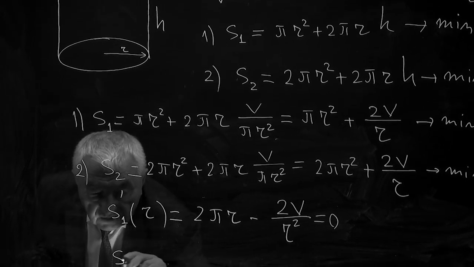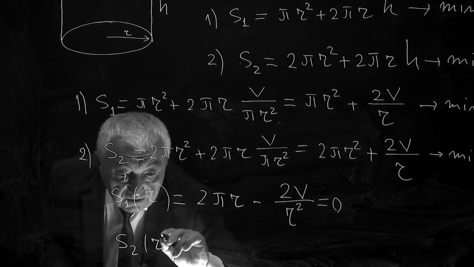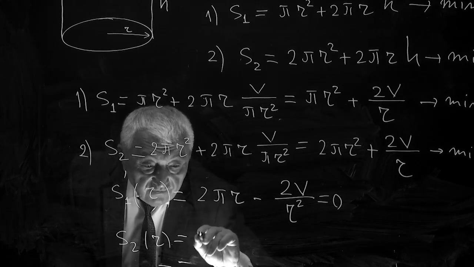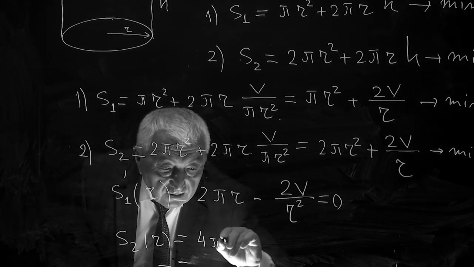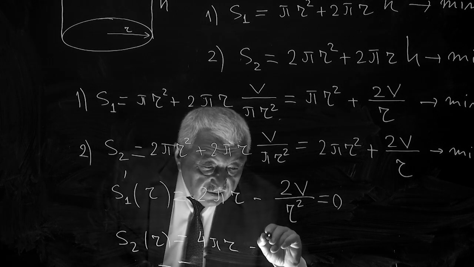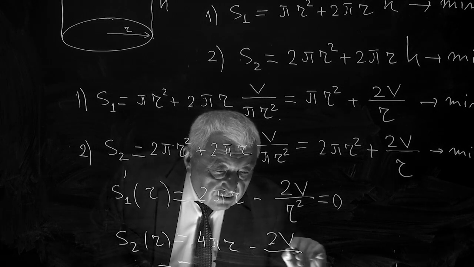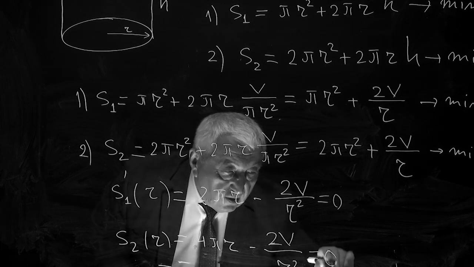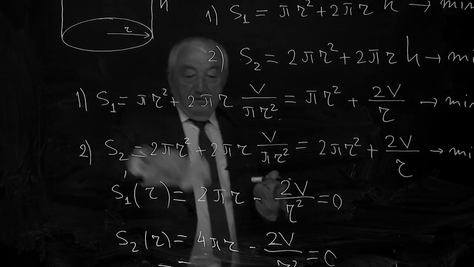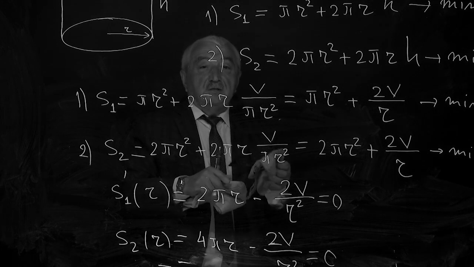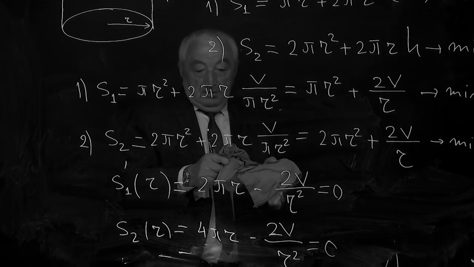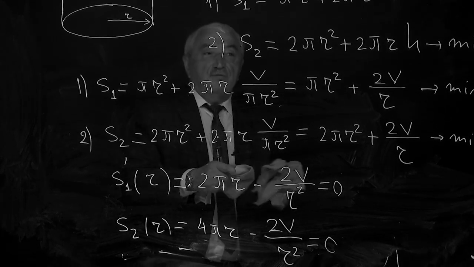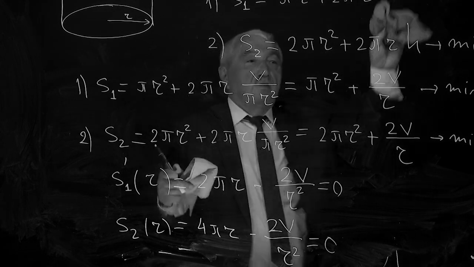Second situation, S2 prime from R is equal to 4 pi R minus 2V divided by R to the second power, equals 0. It is an interesting solution in the first situation and the second situation.